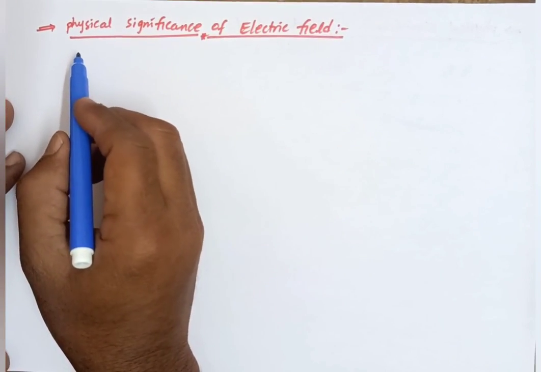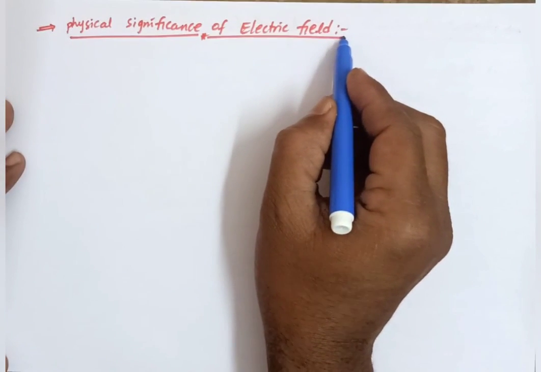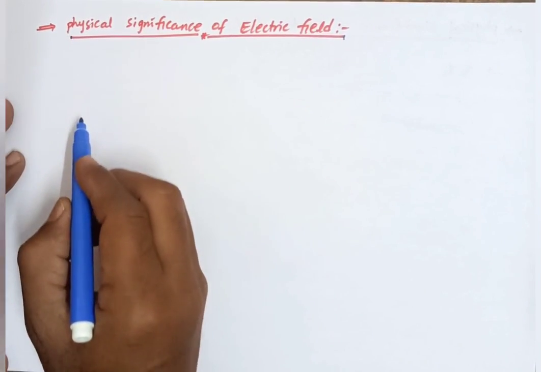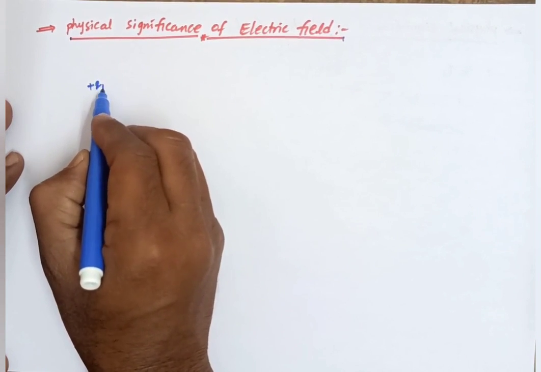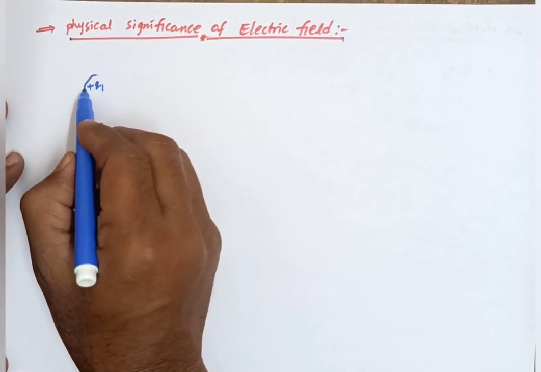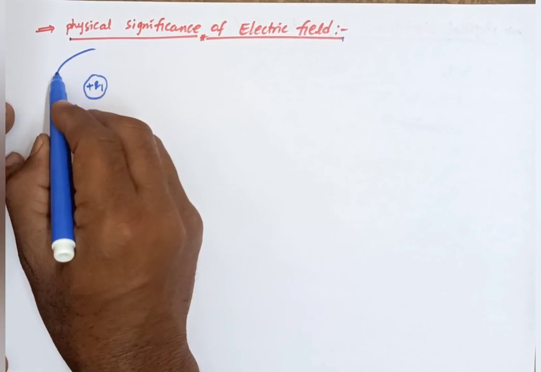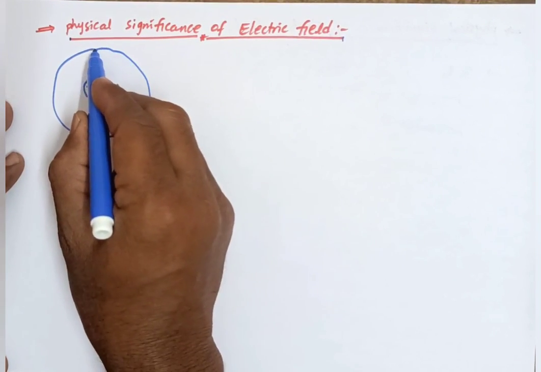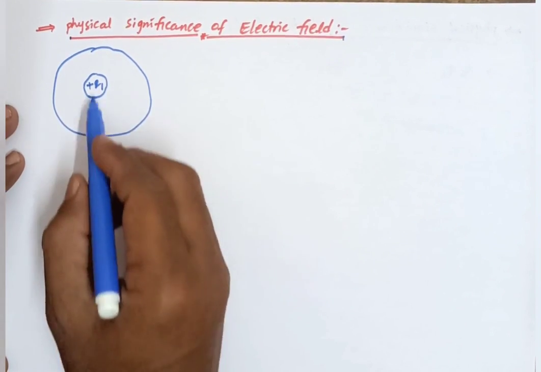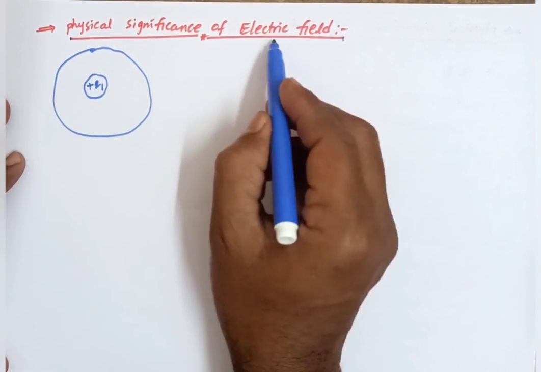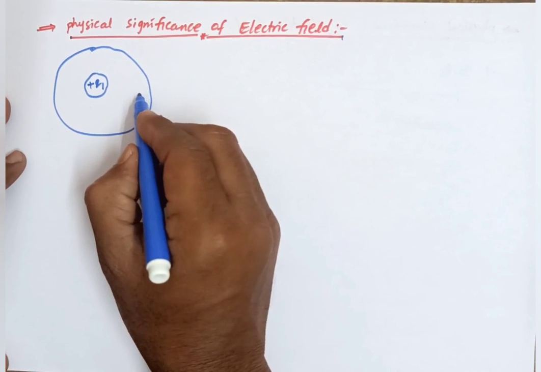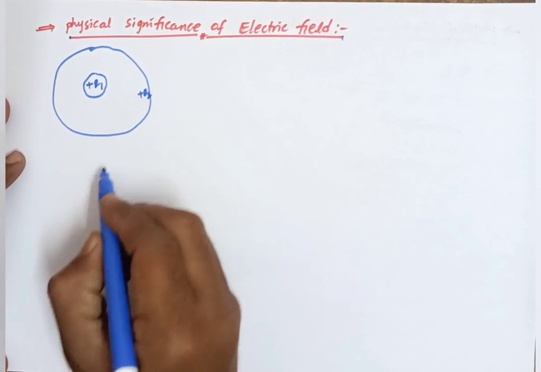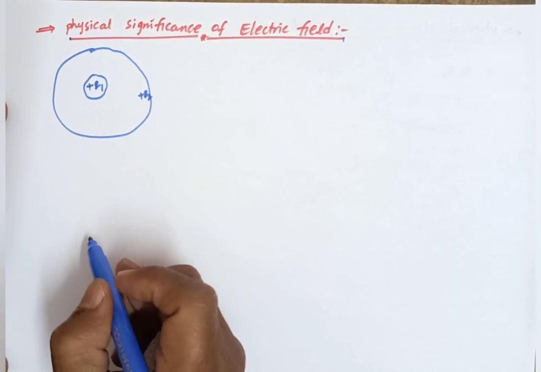So our next topic is physical significance of electric field. For example, we consider a positive charge. This positive charge influences a certain space around the charge, which is called the electric field. In this electric field, we take another charge Q2, plus Q2.